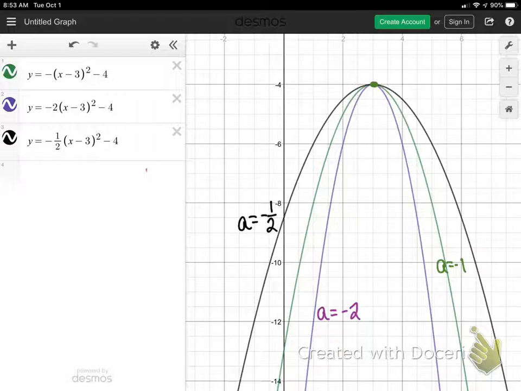Okay? My purple graph has an a value of -2, and it makes it more narrow. So it's coming together. The -1/2 makes it wider. Okay? What's my vertex on that one?